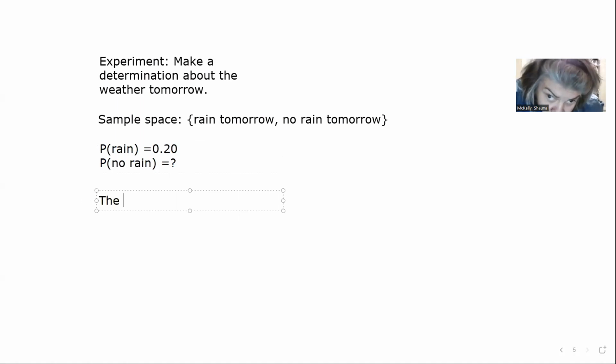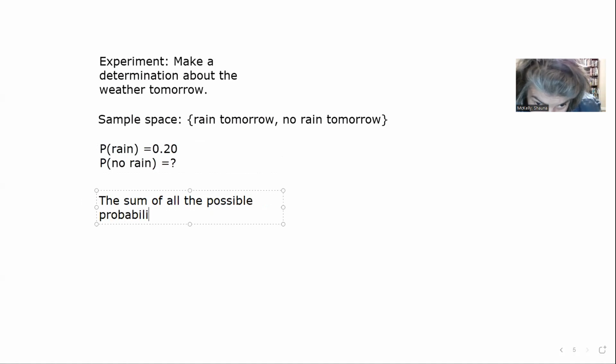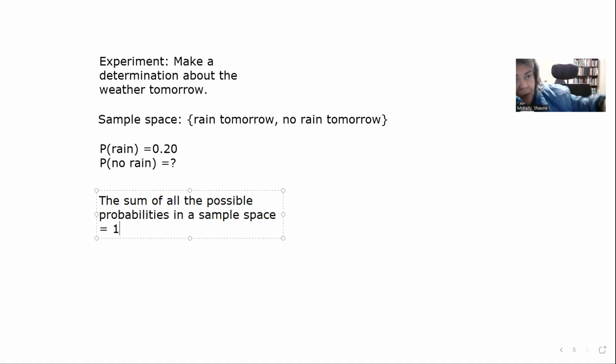The sum of all the possible probabilities in a sample space is equal to 1. Now, that means if you add everything up, I could have 5 impossible events and 1 certain event. But anyhow, any way I do it, if I have a sample space, the sum should equal 1.